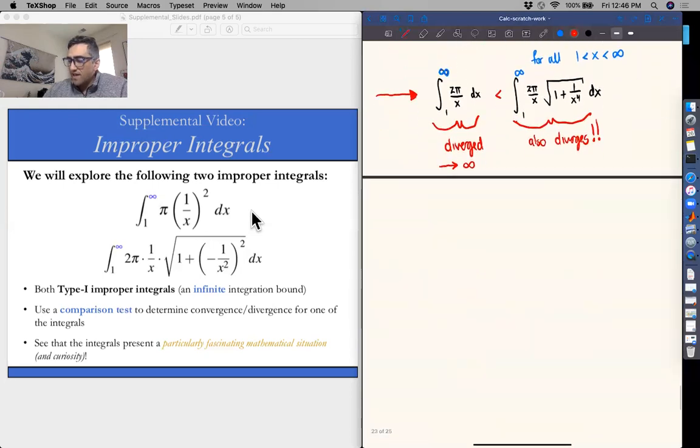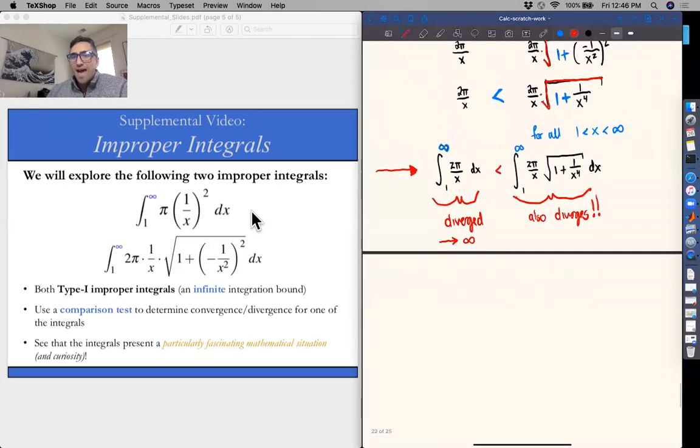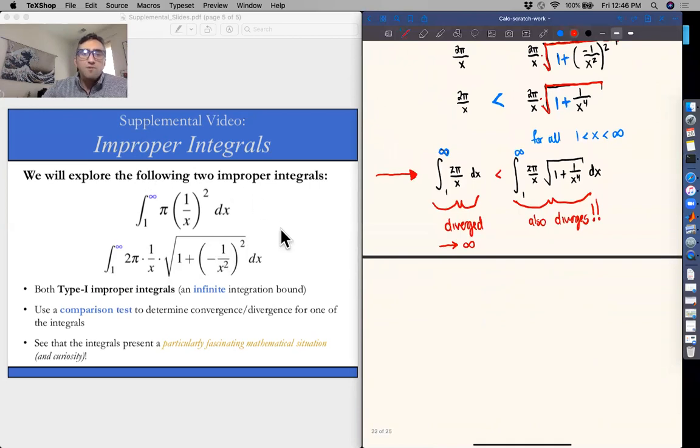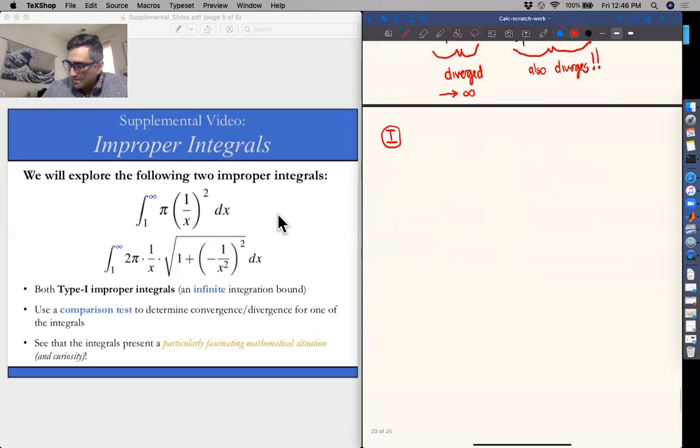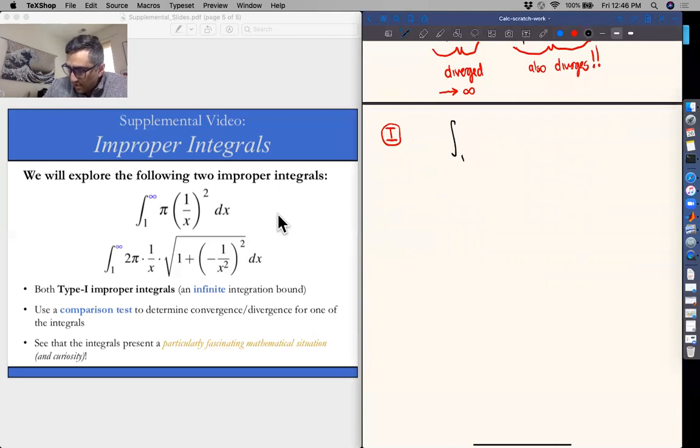So why is this stuff interesting? Well, if we go back to the very beginning here, we started with these two integrals. And here's an interesting aspect that I didn't bring up already. This first integral that we looked at, between 1 and infinity of pi times 1 over x, quantity squared, dx, what this actually represents is a volume of an object.